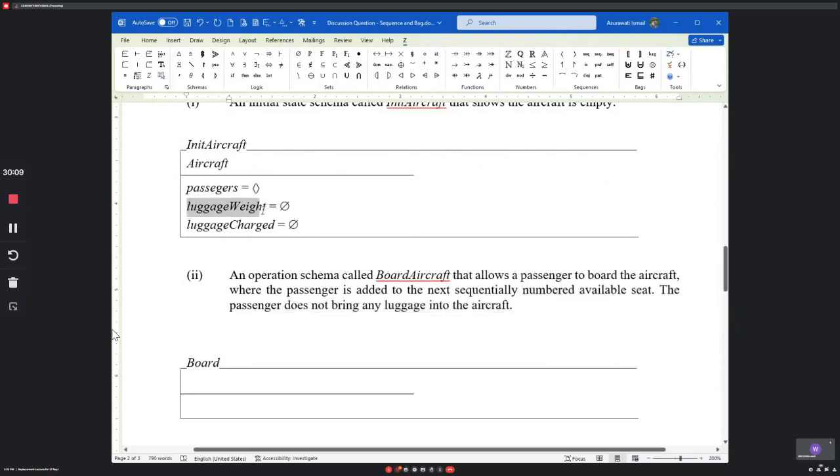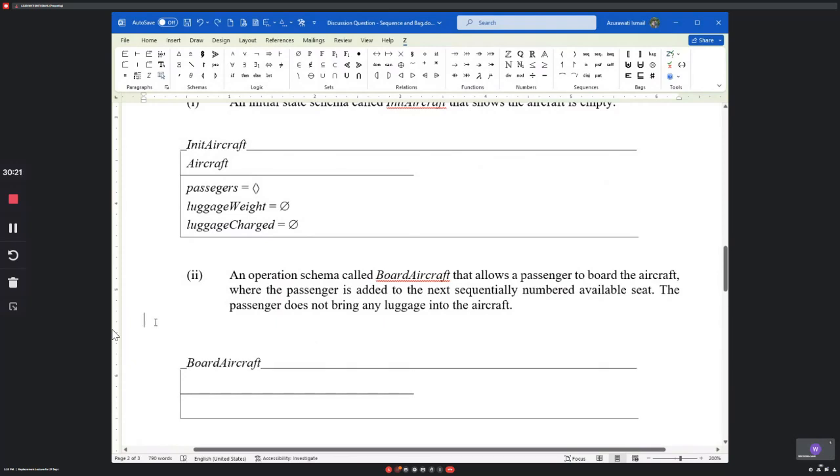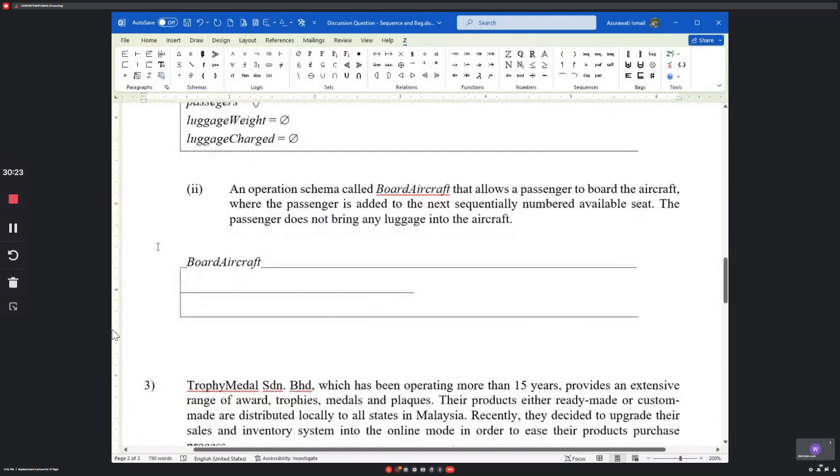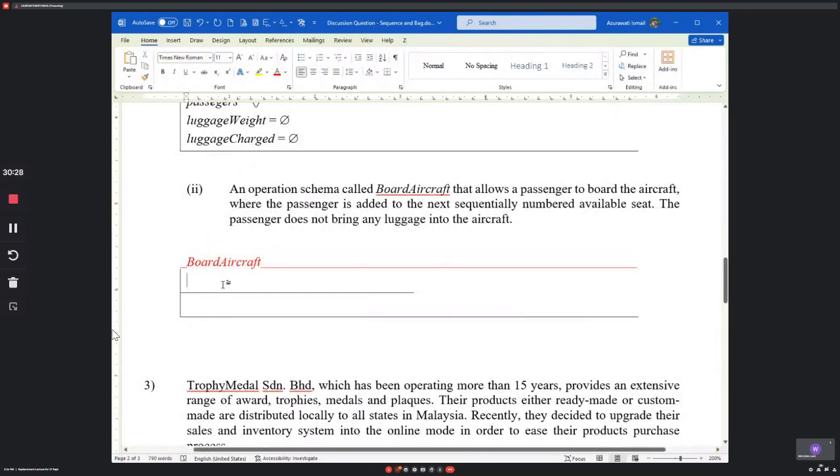So luggage weight and luggage charge will be zero automatically. So you can actually initialize the data to zero. You don't need to request input for that one, because no luggage is actually brought by the passenger.